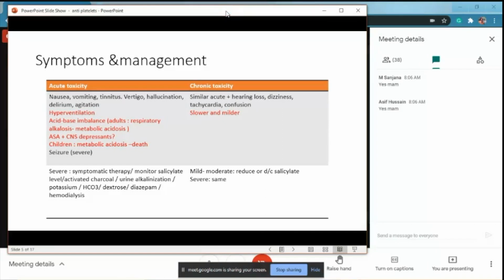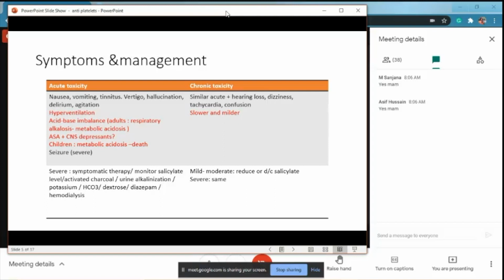We have nausea, vomiting, tinnitus, vertigo, hallucination, delirium, agitation. If you look here, pretty much all the toxicity symptoms are related to the CNS, right? Those things will be seen in chronic toxicity as well. It is similar symptoms as acute toxicity, but the most important thing to remember is hyperventilation.